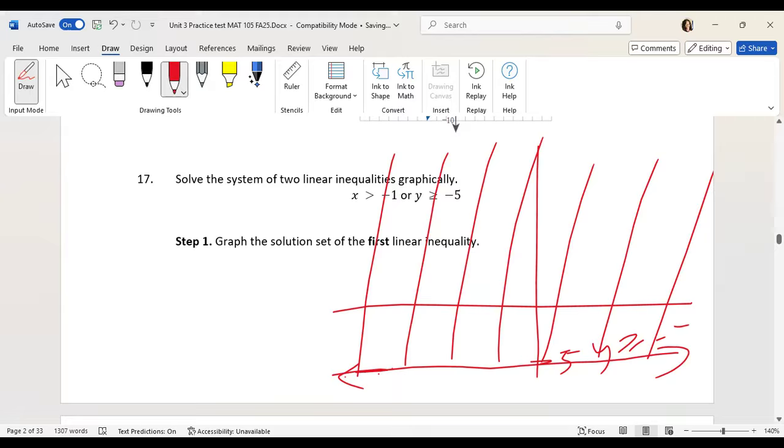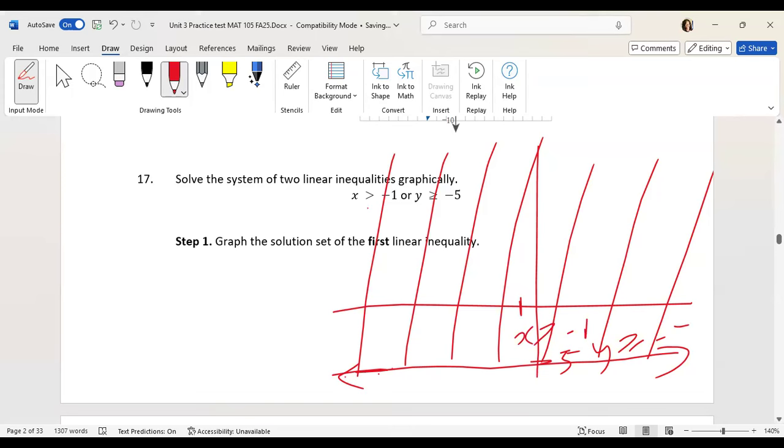Now I am told to graph the line x is greater than negative 1. Remember, when x is equal to negative 1, I have a line here. This is x equals negative 1. It is greater than here, so x is greater than negative 1.